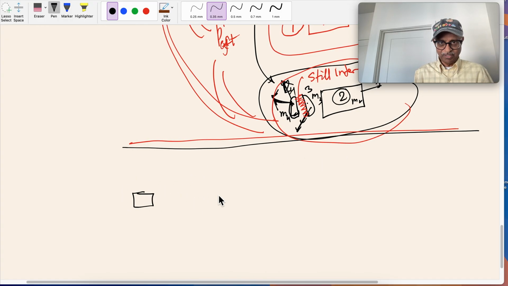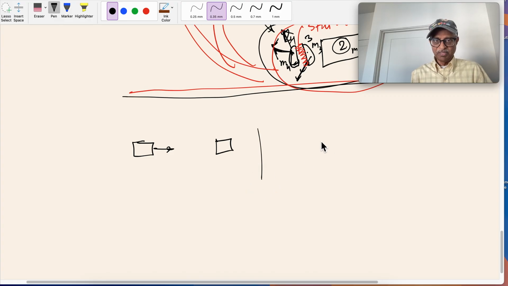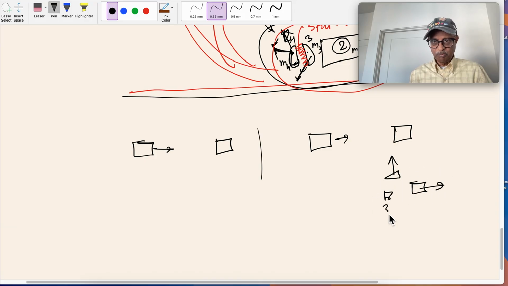So this guy comes in, and this one is still at rest, but after the collision, one piece goes up, one piece goes down, and what will happen to the third piece?